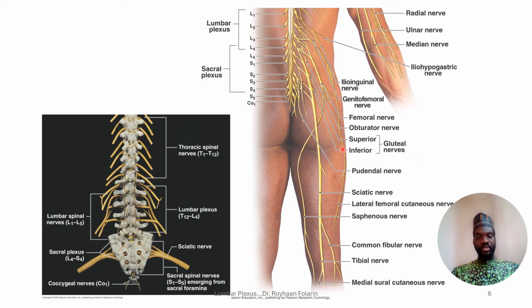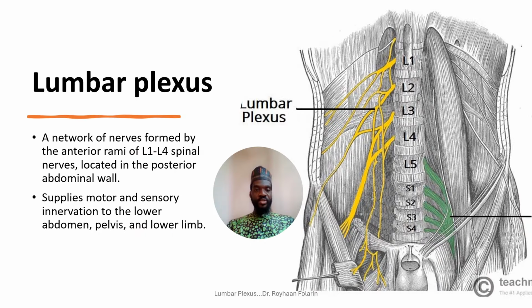So we'll come down to each of these, but just to give a background on how each of these components of the lumbar plexus gives rise to different branches. The lumbar plexus is a network of nerves that are located in the posterior abdominal wall, and it is formed by the anterior rami, not the posterior, the anterior rami of the L1 to L4 spinal nerves.